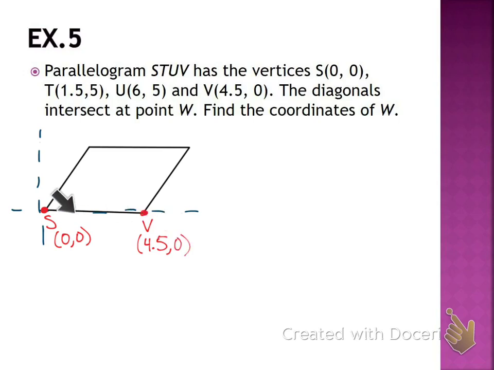Okay, the y-coordinate was 0, so I knew that one had to go straight over there. T is up here at approximately 1.5, 5. And U is over here at 6, 5. So if you had actual graph paper and you really wanted to be precise about plotting them, that's fine. However, I think a rough sketch is okay for this. It'll satisfy what we need it for.